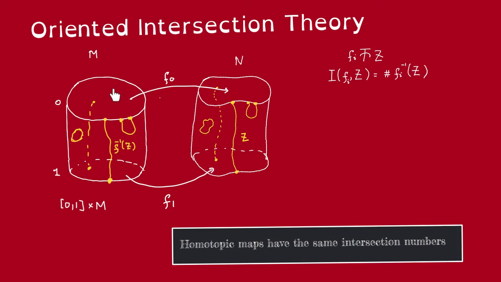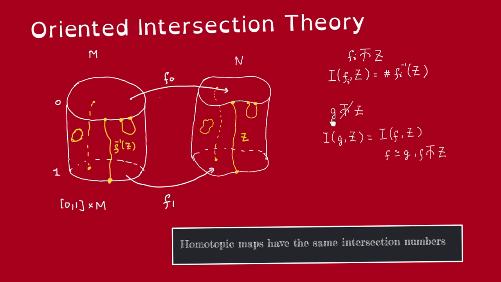F maps this torus to this space here. And so the preimage of Z under this F0 are just these points here. Thus, the intersection number of Z with F0 is just 4.